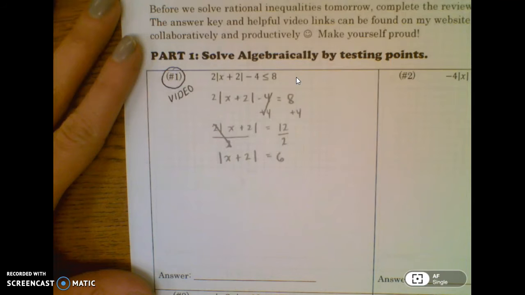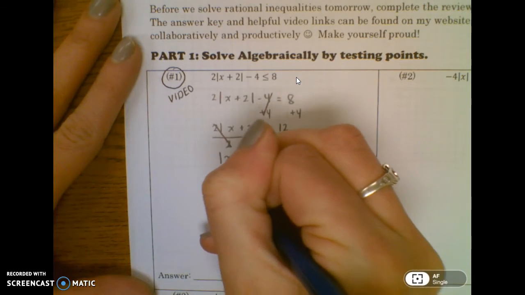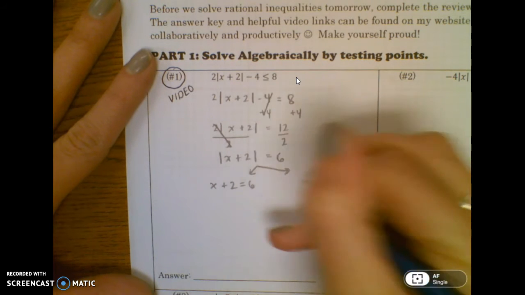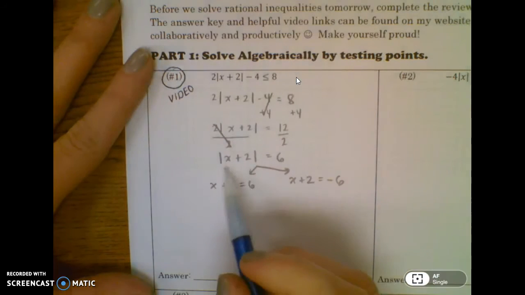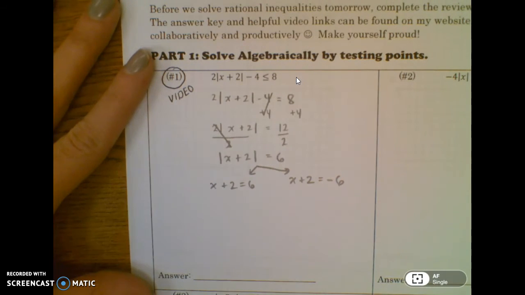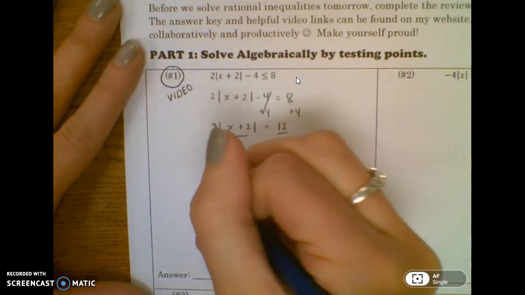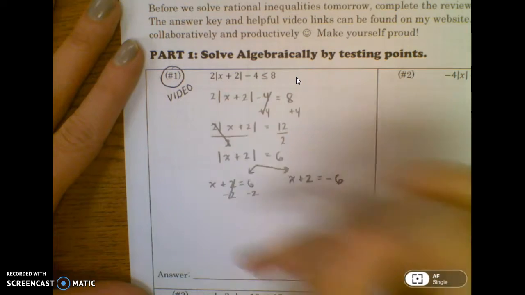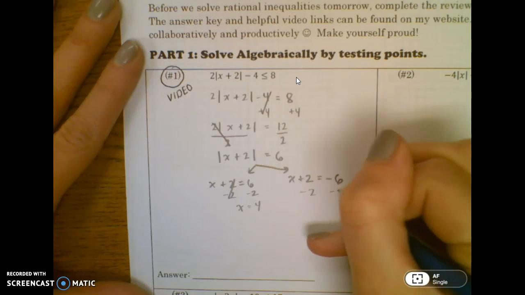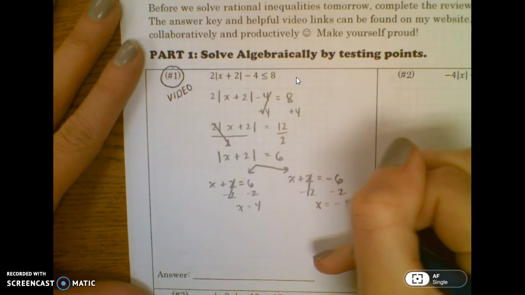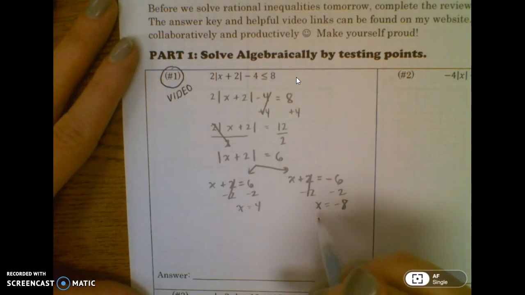Now the absolute value sign is isolated, so I can split that: x plus 2 equals 6, and x plus 2 equals negative 6, because the absolute value means the distance to 0, and 6 and negative 6 are both 6 away from 0. Then I'll solve for x. By subtracting 2, I get 4 and negative 8. So those are my intersection points.